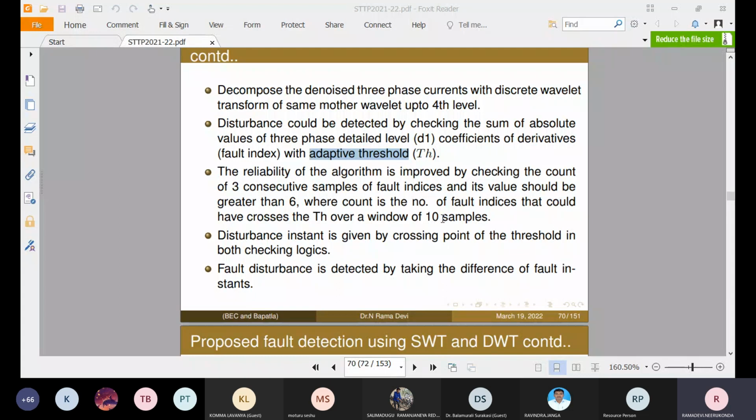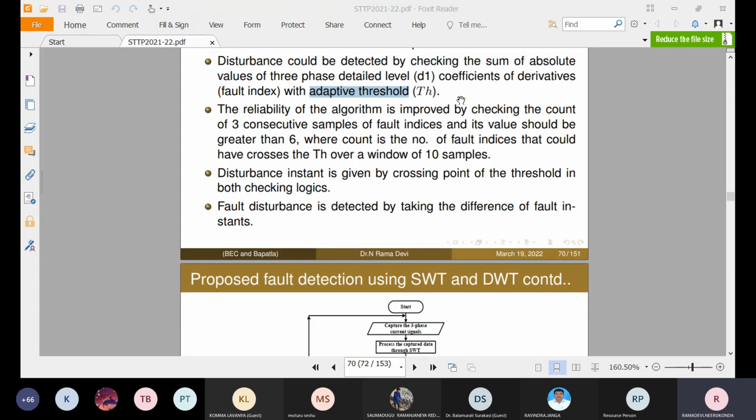If all 10 samples of fault indexes cross the threshold, then the count value is 10. Next, the moving window is moved by 1 sample, and again the count value is computed. Again the window is moved by another sample, and the count value is computed based on the fault index and threshold crossing points. That count value should be greater than 6. Then that is treated as a disturbance. Otherwise, it's not a disturbance.